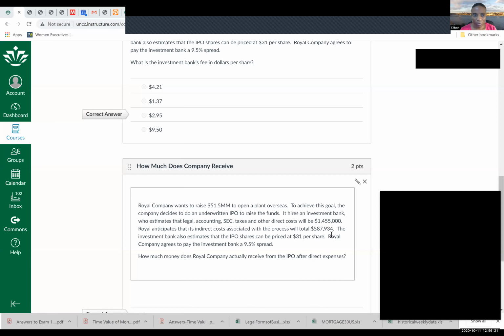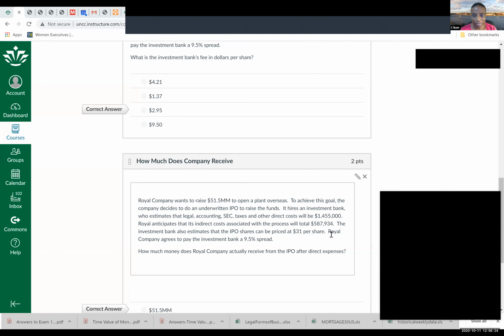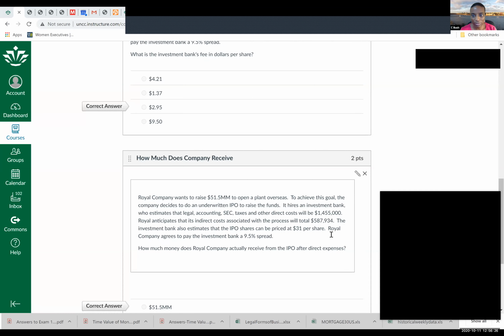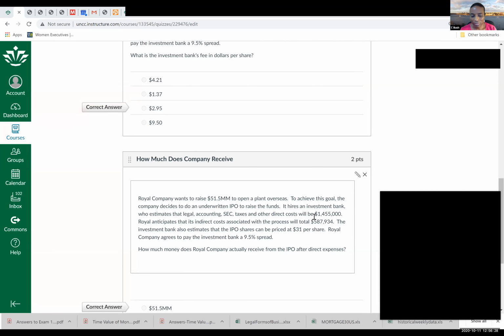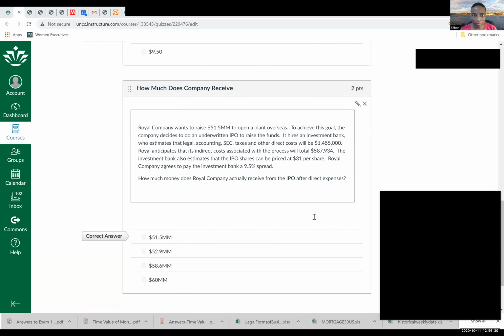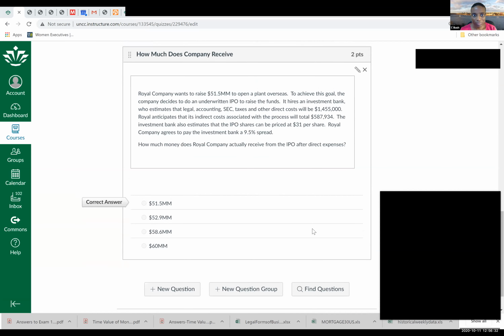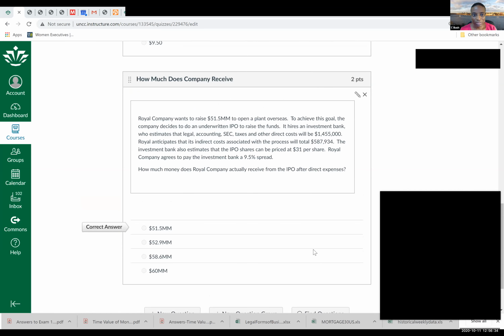Okay, hopefully everybody can see this question down here. Royal Company wants to raise 51.5 million to open a plant overseas. To achieve this goal, the company decides to do an underwritten IPO to raise the funds.